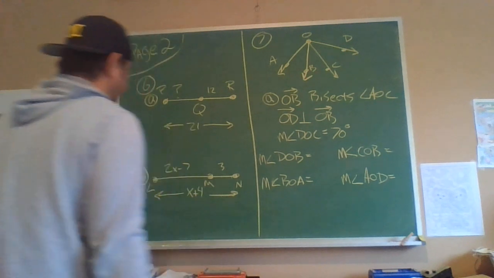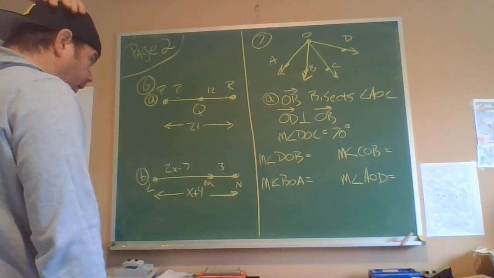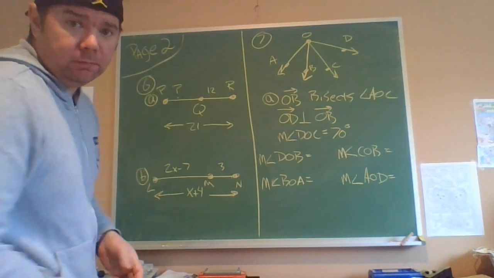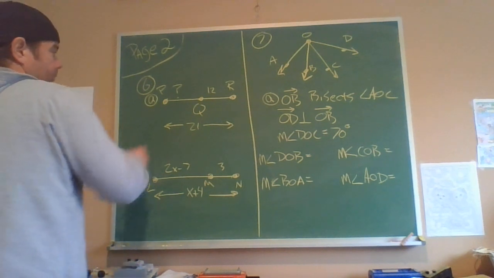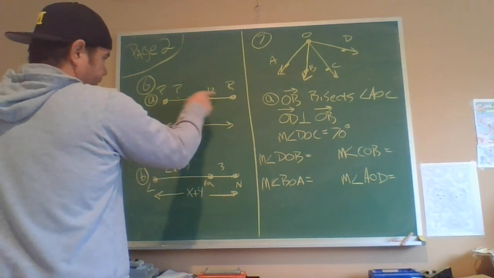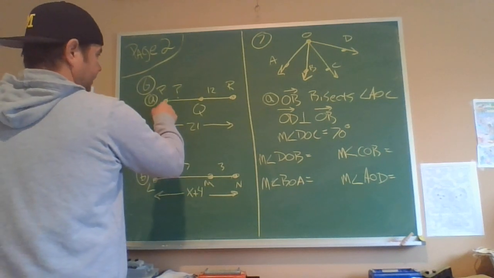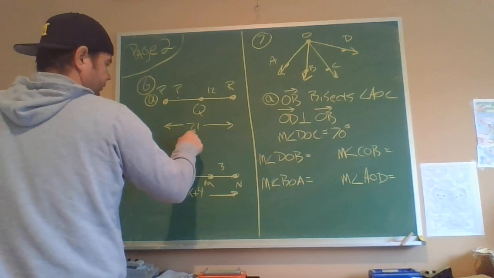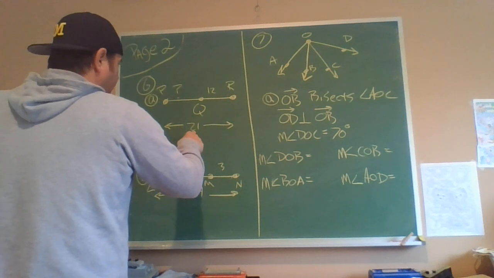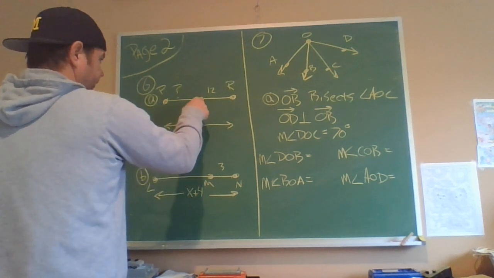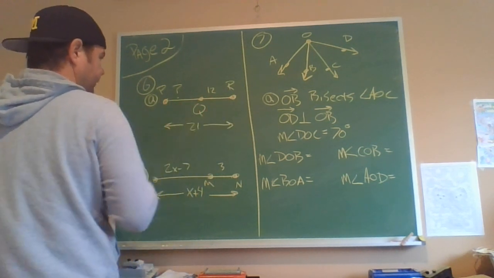So number 6 first. Number 6 is about using the segment addition postulate to find the lengths of segments within a segment. So part A, we've got the segment PR, which has a length of 21. And we know that this piece of it is 12, and this piece we have to figure out the length of.